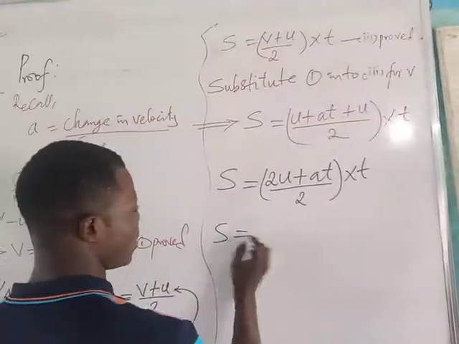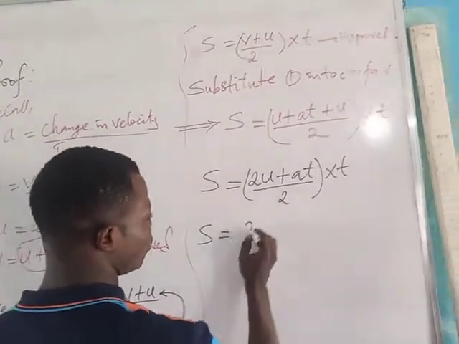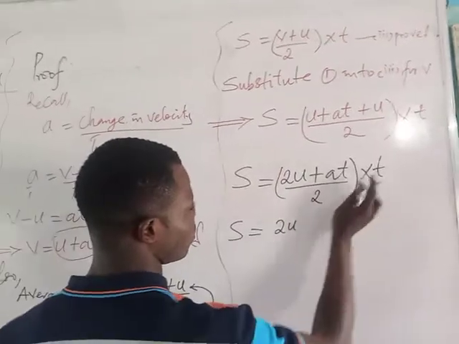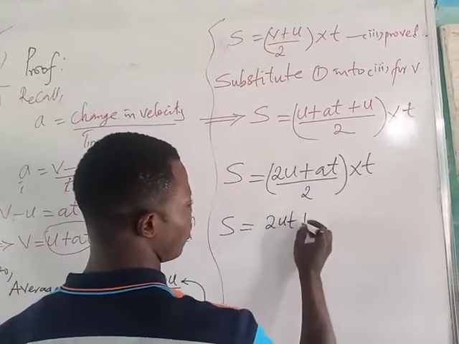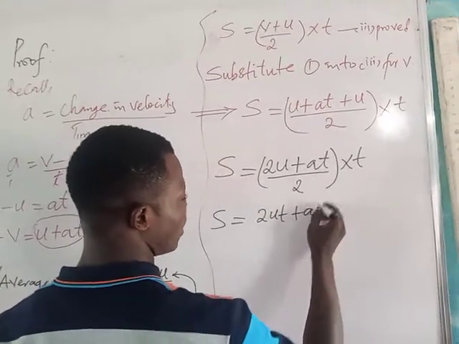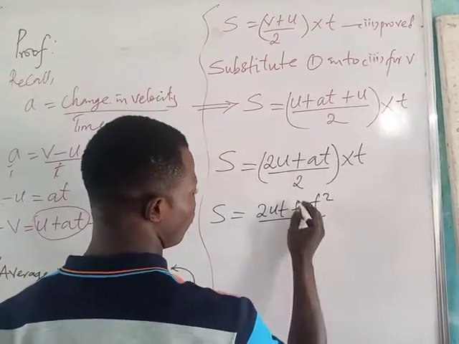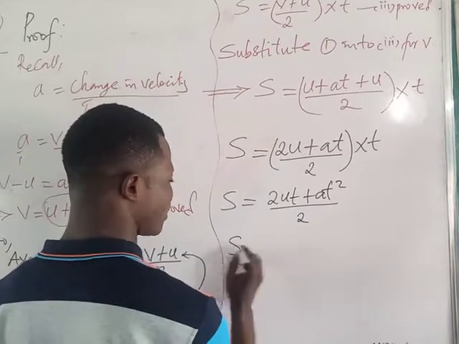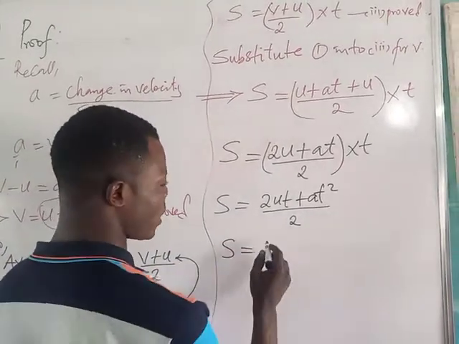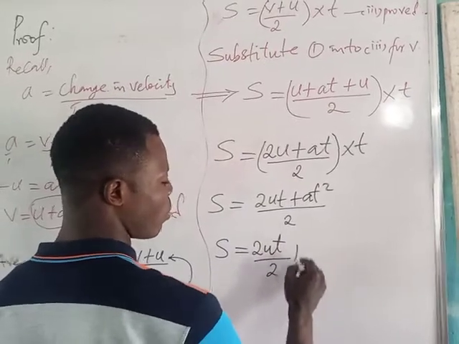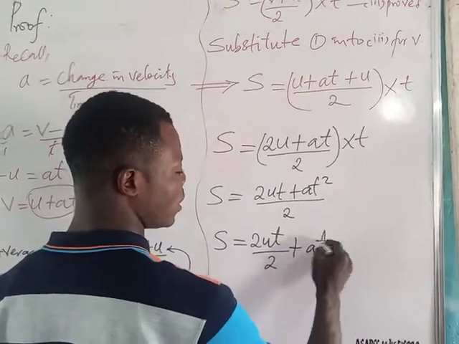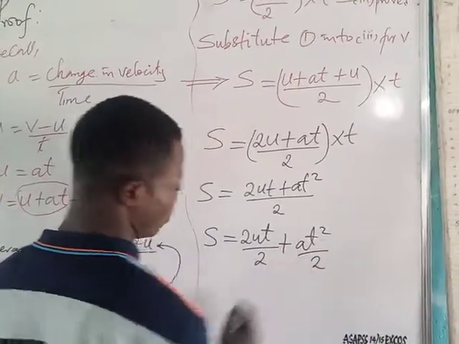And this is the same thing as 2U. If you multiply this by this, 2UT plus this times this will give you AT squared all over 2. This can also be written mathematically as 2UT all over 2 plus AT squared all over 2.